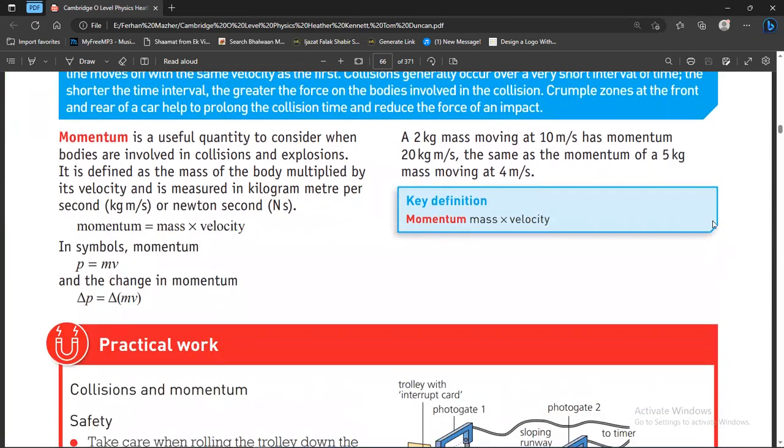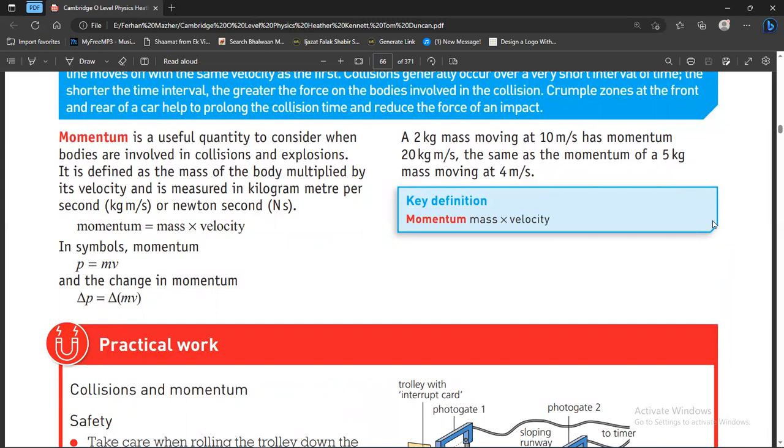So, momentum is a useful quantity to consider when bodies are involved in collisions and explosions. It is defined as the mass of the body multiplied by its velocity and is measured in kilogram meter per second, kg m/s, or newton second.